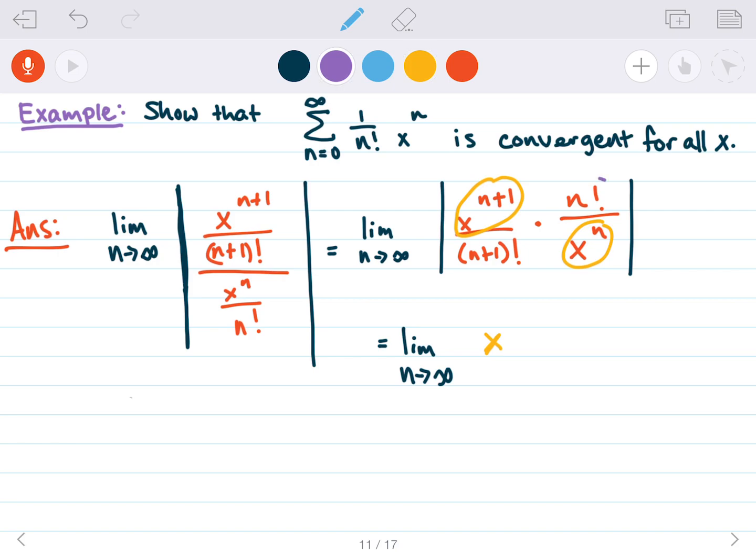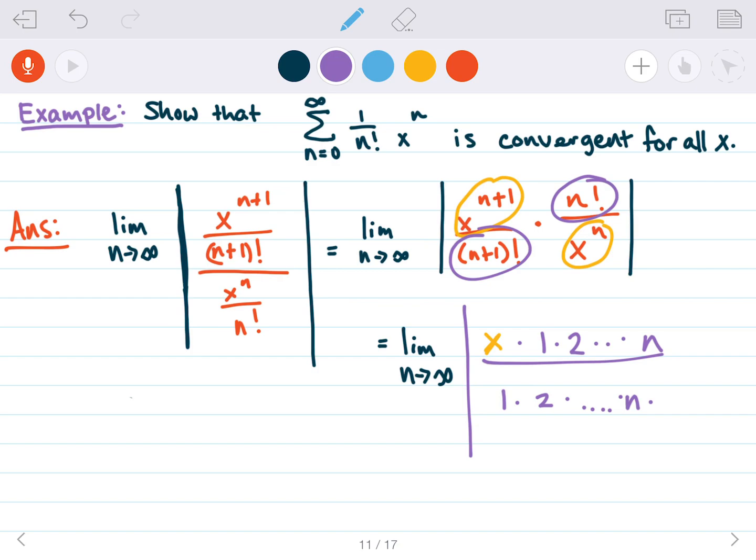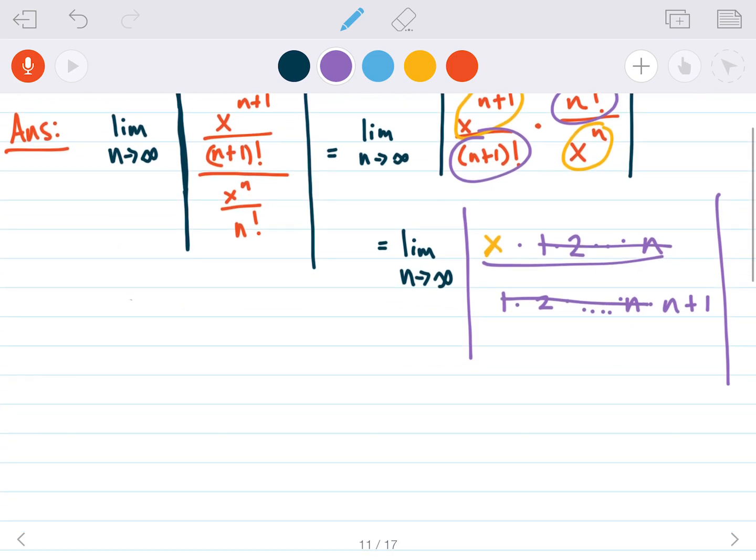And then for this n factorial over n plus 1 factorial, we have 1 times 2 all the way up to n, divided by 1 times 2 times all the way up to n times n plus 1. So these guys are going to go away, and I'm just left with x over n plus 1. So the limit as n goes to infinity of the absolute value of x over n plus 1.